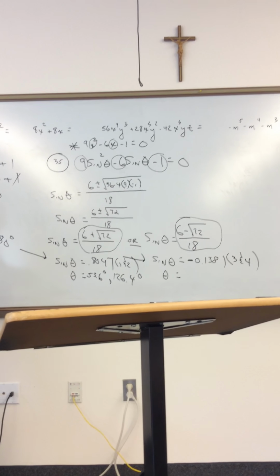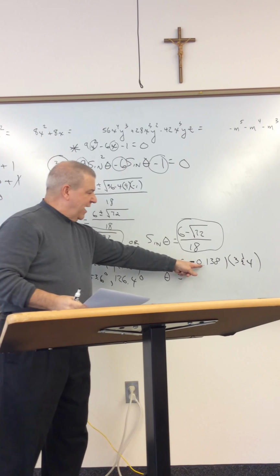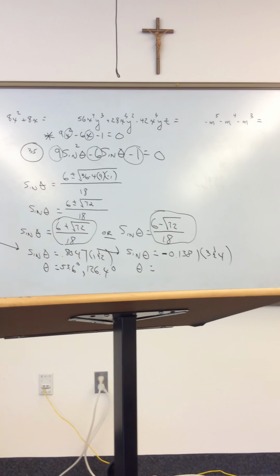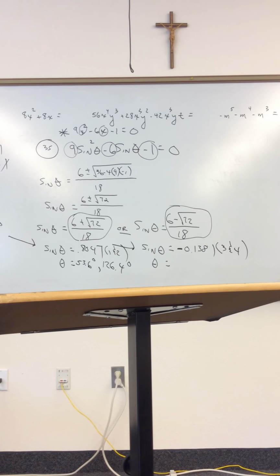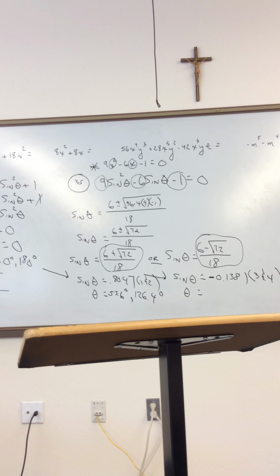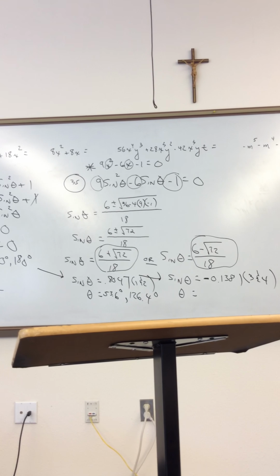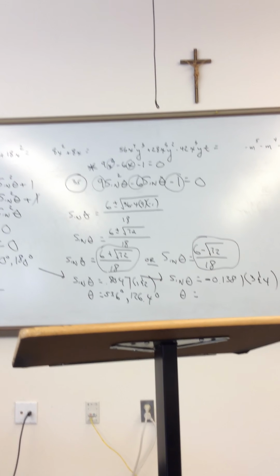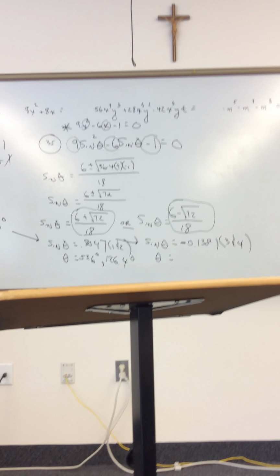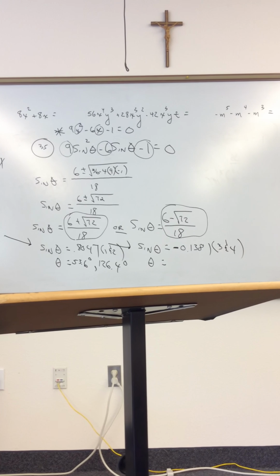So fellas, enter inverse sine 0.1381. Don't put in negative. Just round it to the nearest tenth. What's it say?